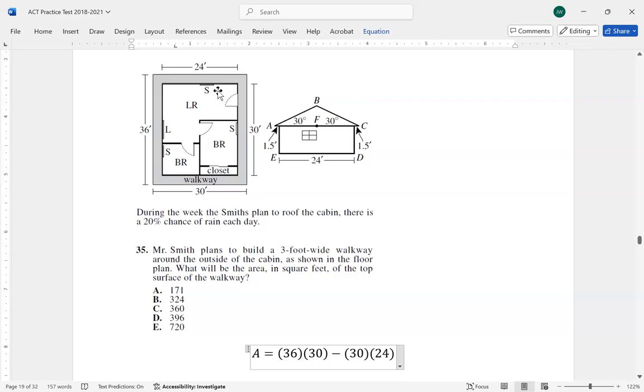So then I can do that subtraction and end up with 360 square feet. So the area of the walkway is 360 square feet.